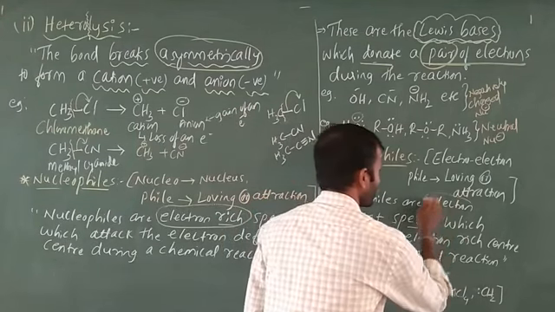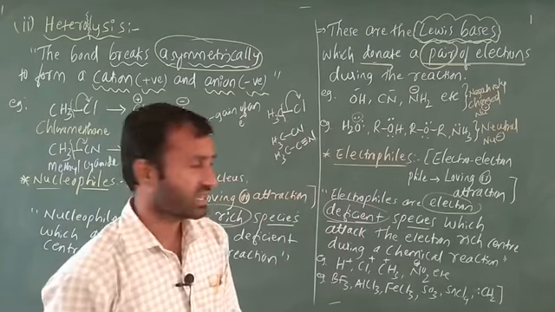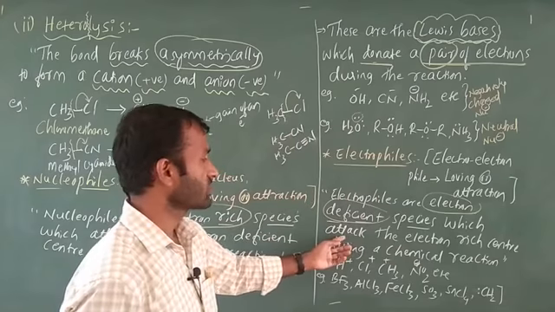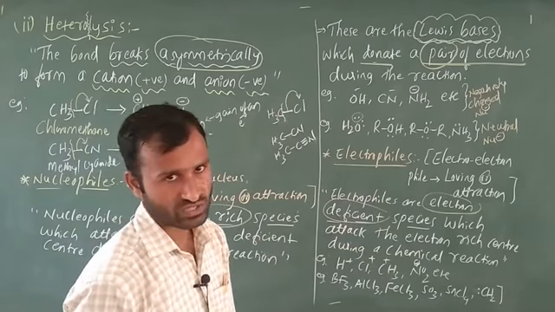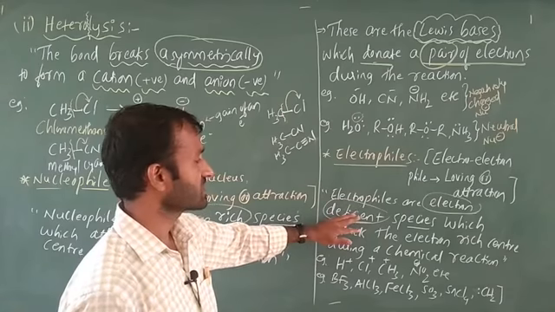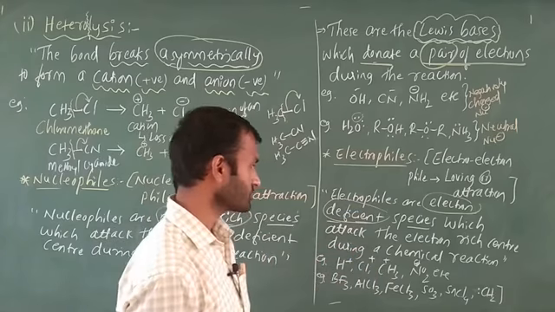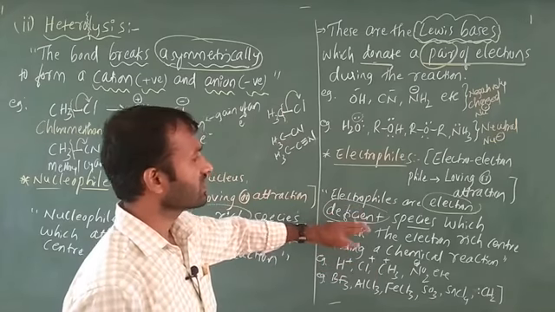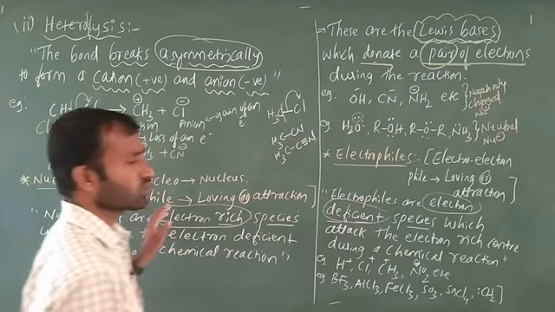Most important, bear in mind: an electrophile has an electron-deficient center, or is a species which attacks the electron-rich center during a chemical reaction. If the electron-deficient center is there, it is going to attack the electron-rich center. Just remember, electrophile means electron deficient, nucleophile means electron rich.